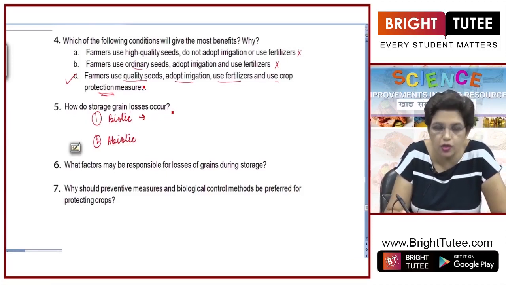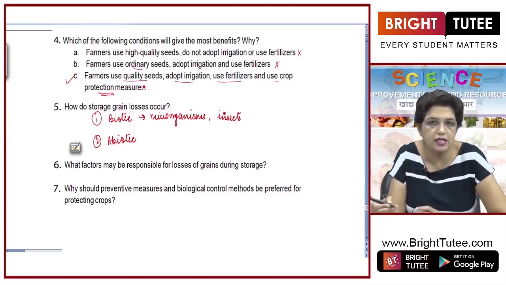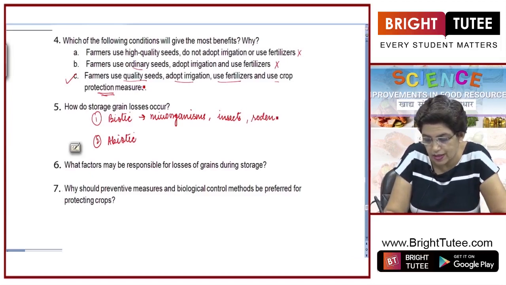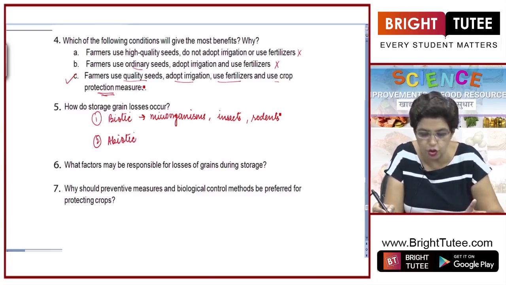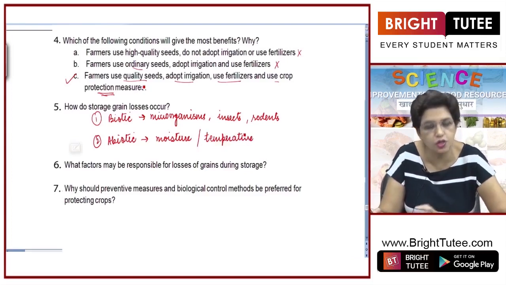Biotic includes the microorganisms which cause diseases, then also insects, and rodents like rats or squirrels, they can actually during the storage destroy our grains. Abiotic factors means inappropriate moisture content or inappropriate temperature can destroy the grains which are stored.